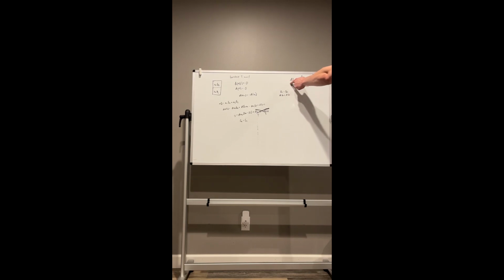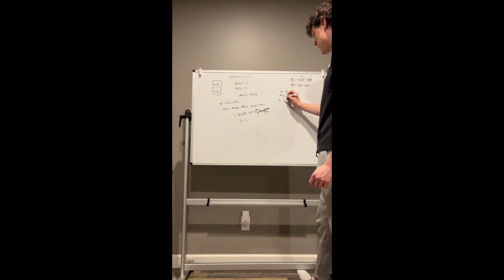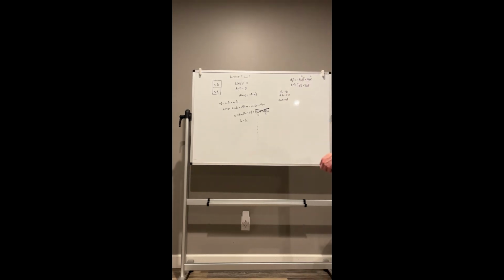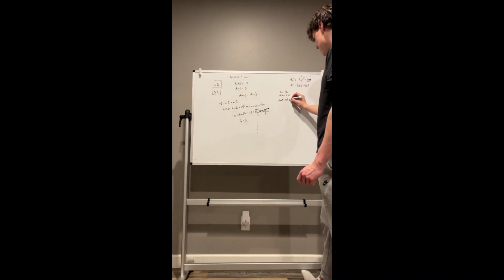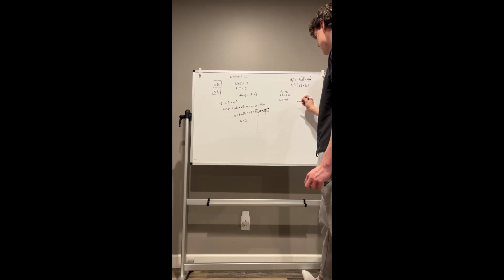Now we can plug in our equation, so minus Sv dT plus Vv dP, hopefully it's correct this time, is equal to minus Sl dT plus Vl dP.